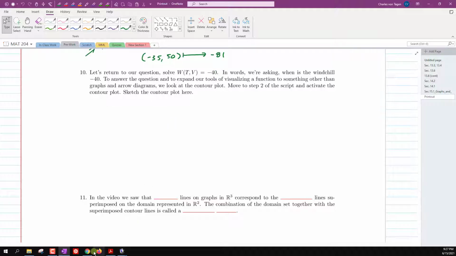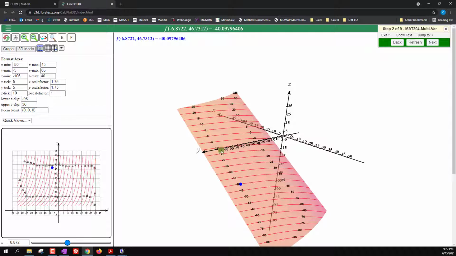One other quick comment, folks, is that if you're looking for a way to help understand these contour plots a little bit better, I think of this graph over here, where we've got the level curves. This reminds me of a topographical map from hiking, and each one of the level curves on the topographical map corresponds to an elevation on that map.